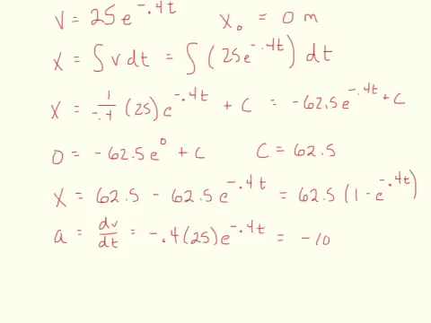So I get negative 10 e to the negative 0.4 t. And so we'll see there that as the time approaches infinity, the acceleration also approaches zero. If you look at the position versus time equation, as the time approaches infinity, the position is going to approach 62.5. So this object would actually keep approaching a total displacement of 62.5 meters, but never reach it.